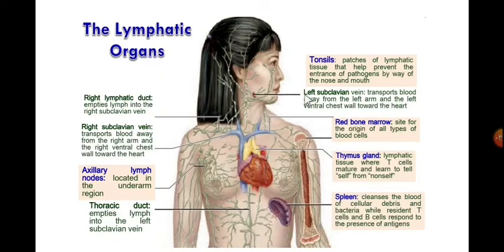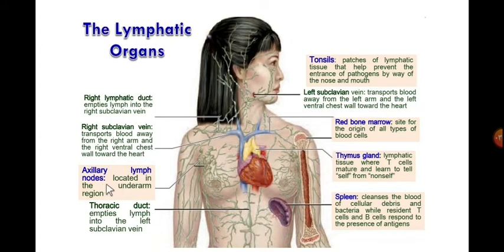These are the lymphatic organs. Right lymphatic duct empties lymph into the right subclavian vein زي ما انتم شايفين. Right subclavian vein transports blood away from the right arm and the right ventral chest wall toward the heart.